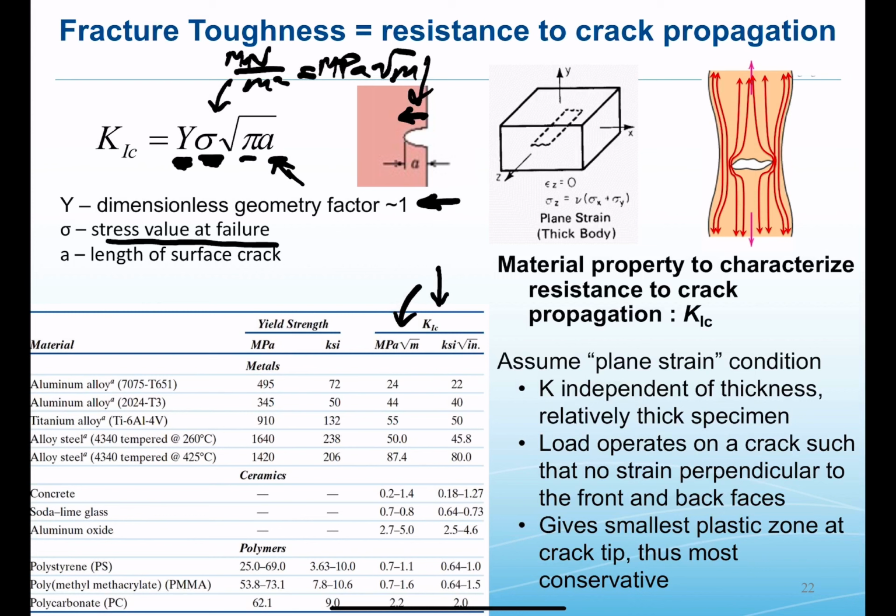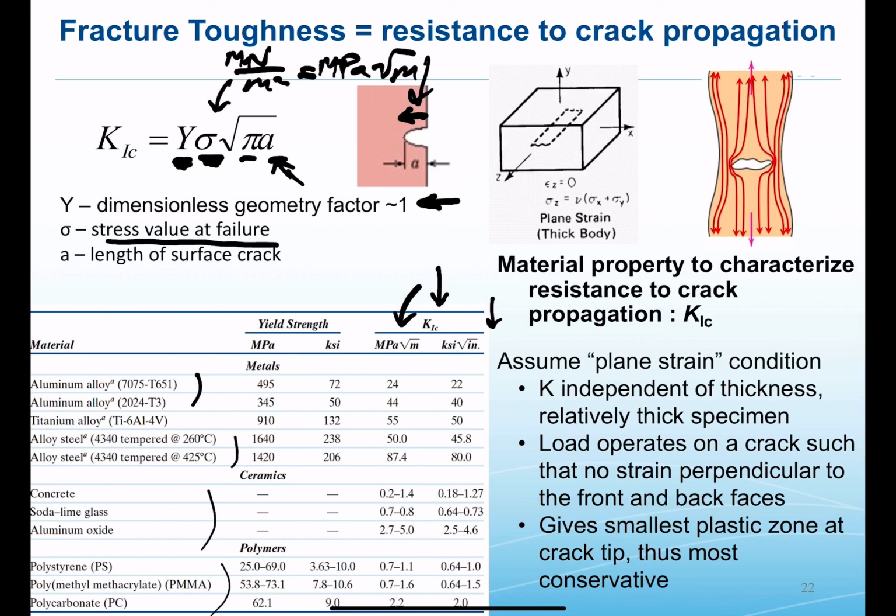Alternatively, in non-metric units or non-SI units, you can have similar information where ksi, kilo pounds per square inch, root inches would be used there. Okay, so here you can see the K1C values for alloys and steels, concrete, and even plastics.